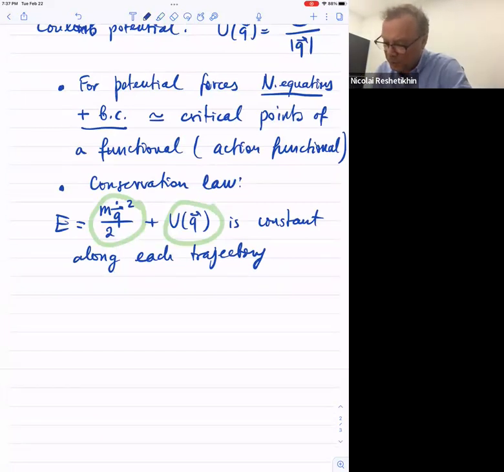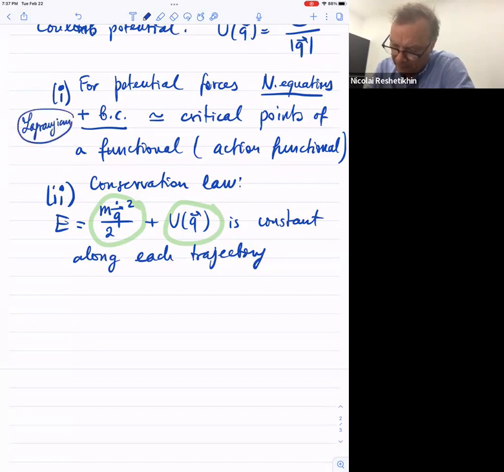So now, what is this action functional? I'll jump ahead and say that the first property is basically the essence of the Lagrangian approach to mechanics, or Lagrangian mechanics. The fact that you have conservation laws is more natural in the other formulation of the same mechanical problem, Hamiltonian mechanics.